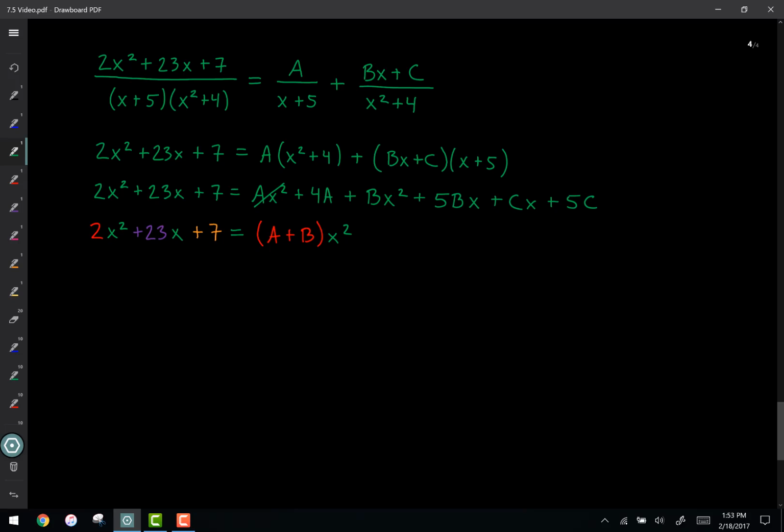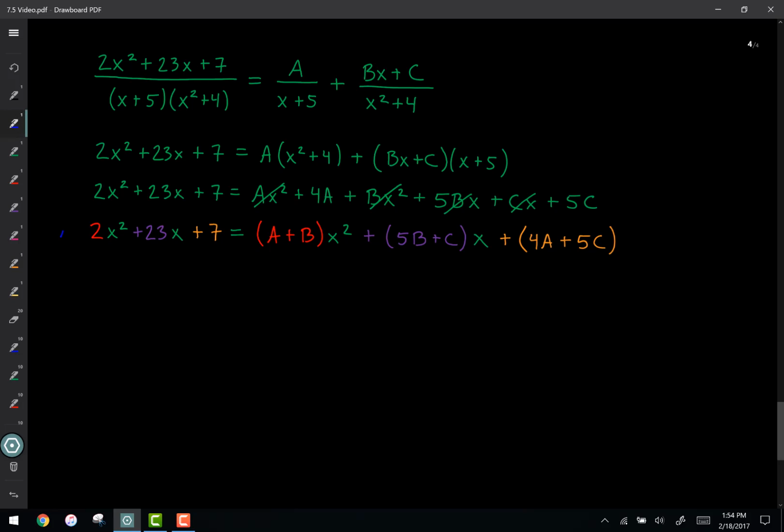Let's just get rid of these so we don't double up on them. Collect your x terms. So we have a 5Bx and a Cx. So that tells me I have plus (5B plus C) x's. And then I have a 4A and a 5C. So plus, you don't need the parentheses here, but just for emphasis, I'm going to put them here. (4A plus 5C).